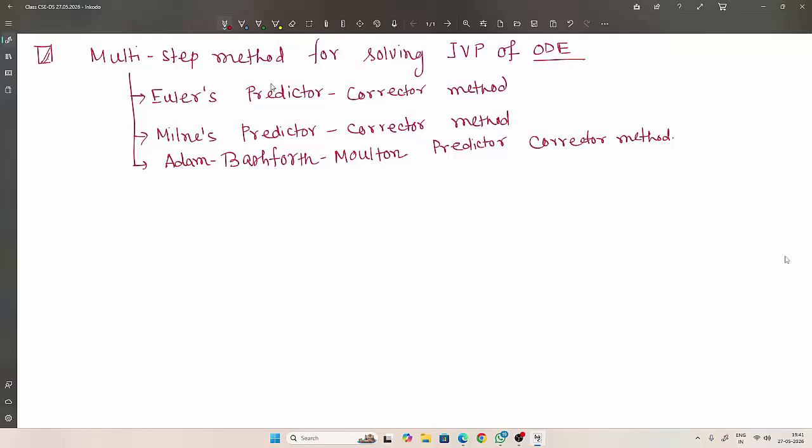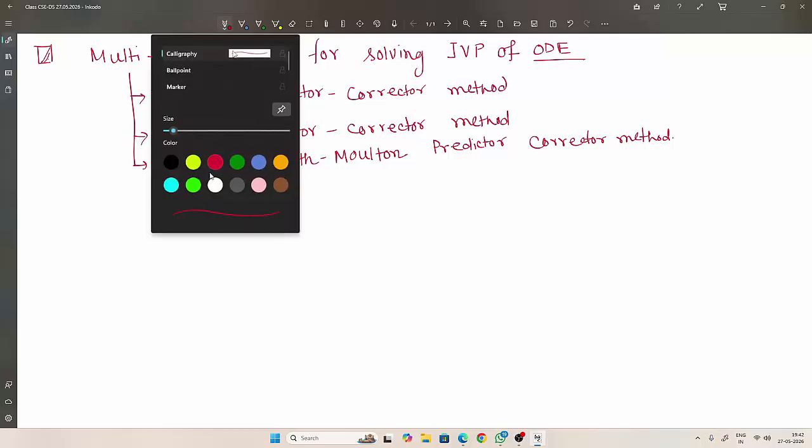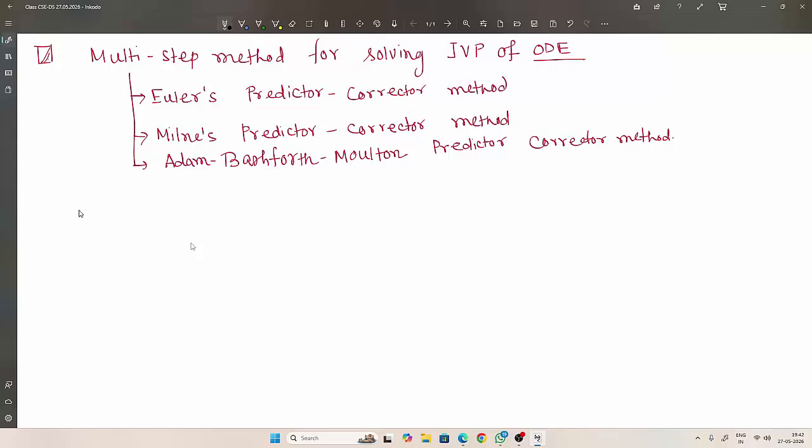But basically, what we do here, there will be two formulas, one for predicting the next values and another for correcting the next values. And why are these methods called multi-step methods? Because if we focus on Milne's predictor corrector method, one ODE will be given, like dy/dx equal to some f of x, y, with the condition, suppose y of 0 is equal to 1. Now, in this multi-step method, some of the other values will also be given.